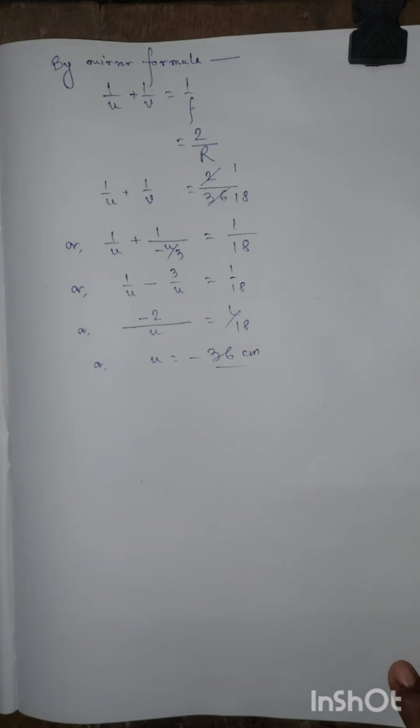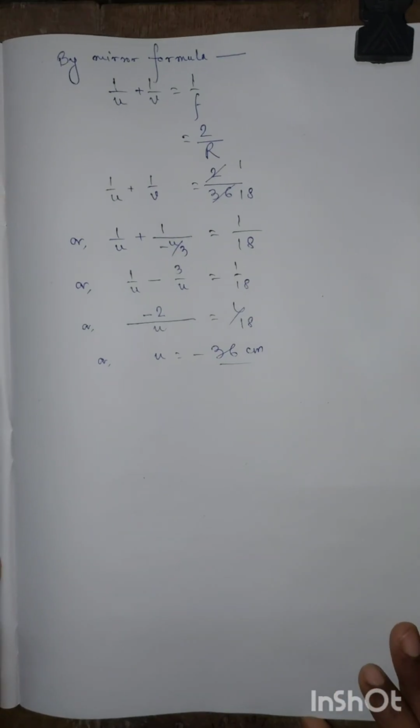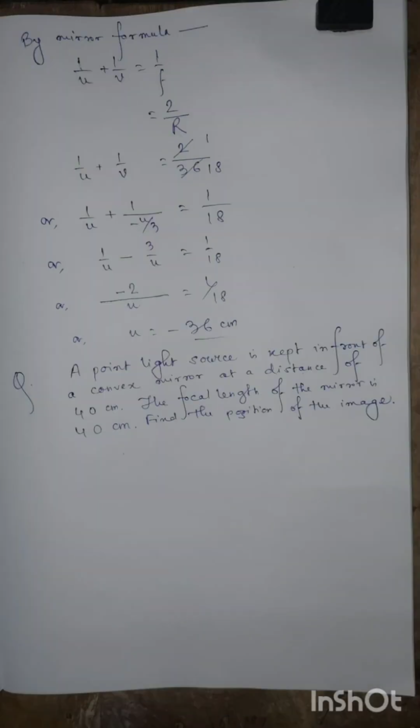Now friends, let us take next question. So the question says a point source of light is kept in front of a convex mirror at a distance of 40 centimeter. The focal length of the mirror is 40 centimeter. Okay.